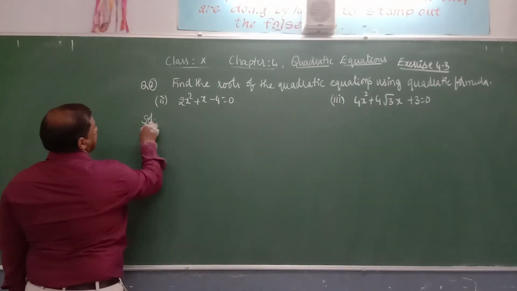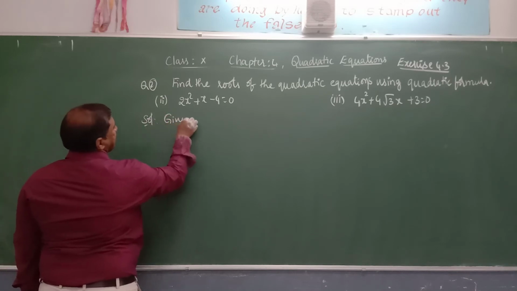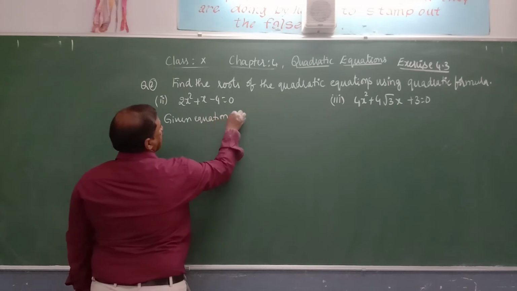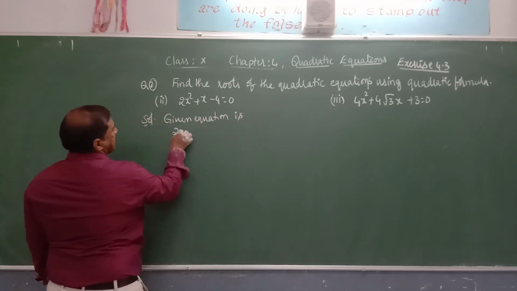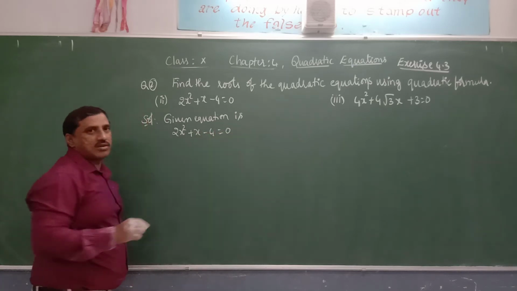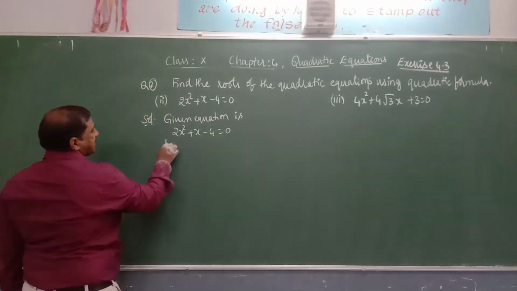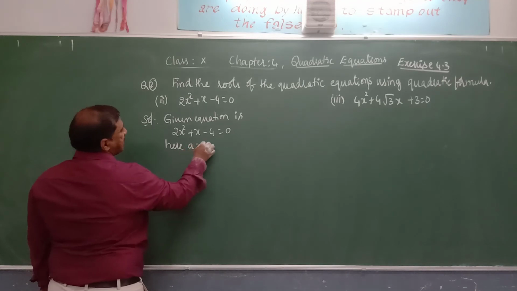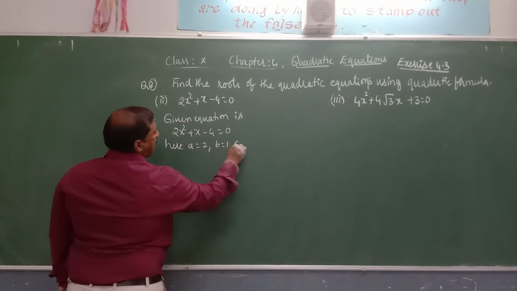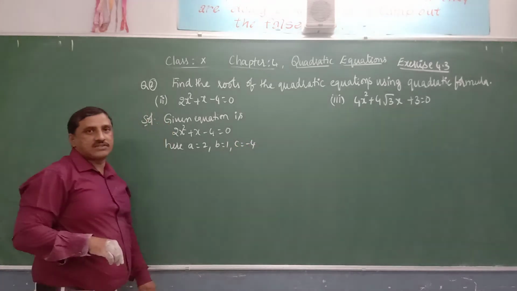So the first one, the given equation is 2x square plus x minus 4 is equal to 0. Here a is equal to 2, b is equal to the x coefficient, which is 1, and c is equal to minus 4.